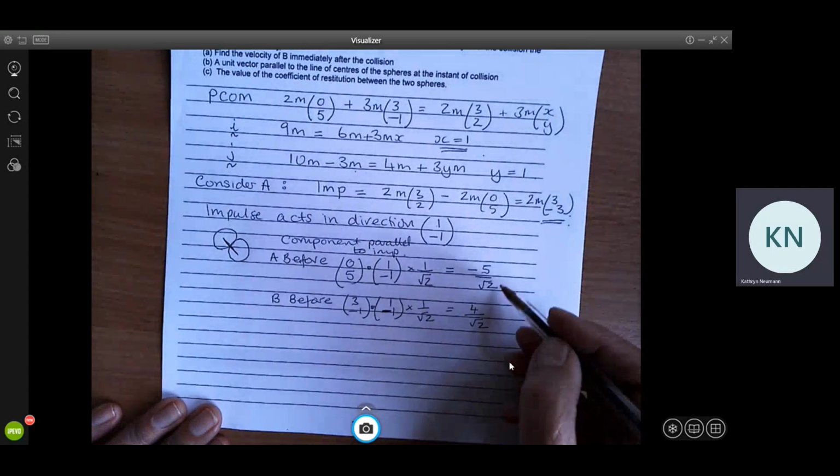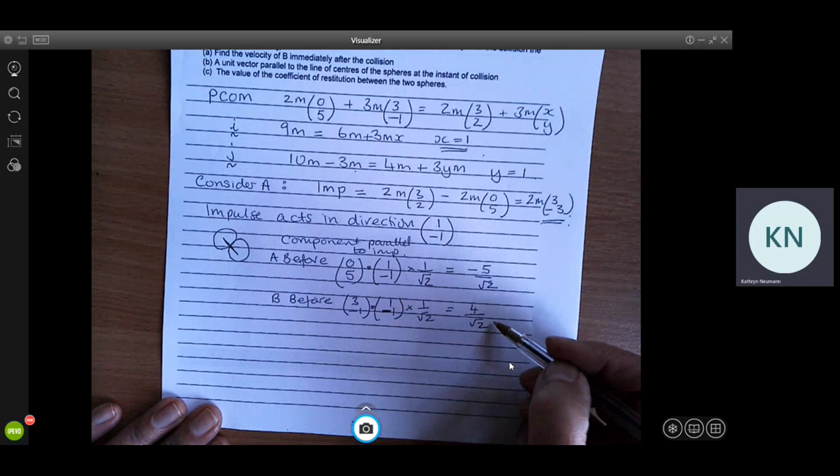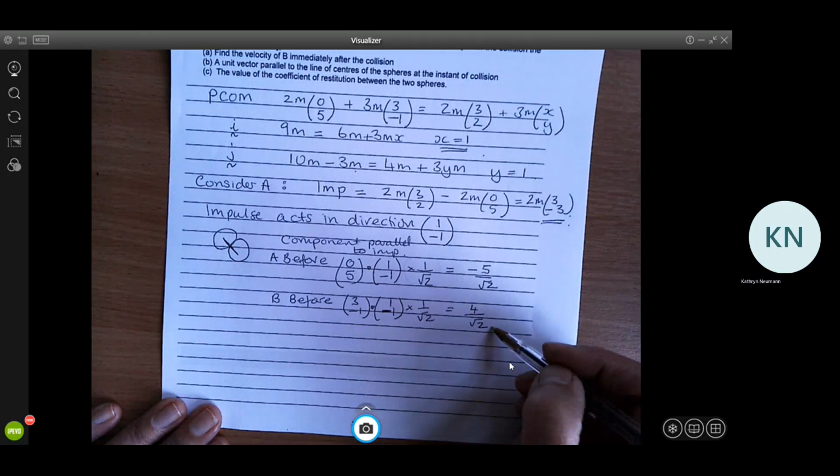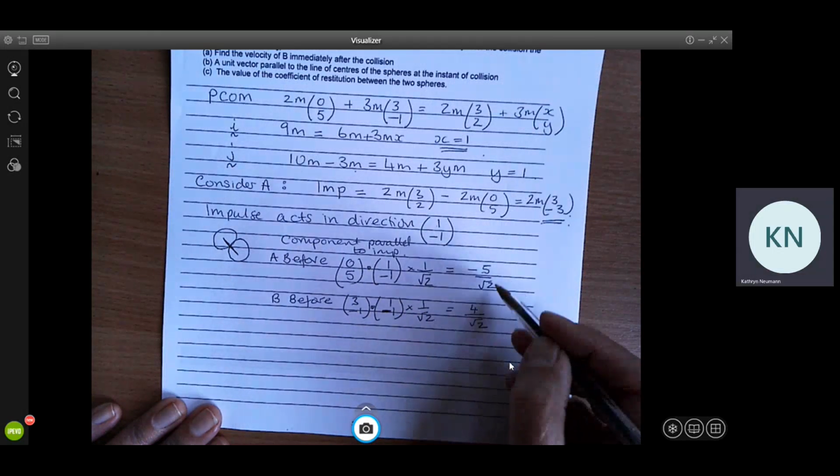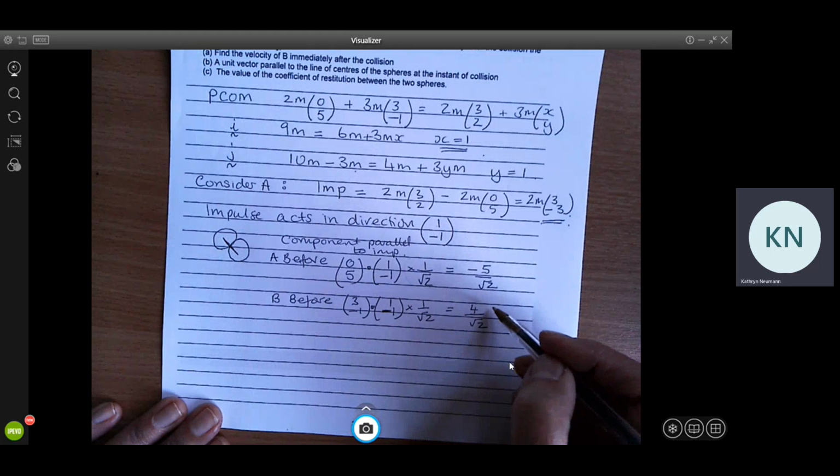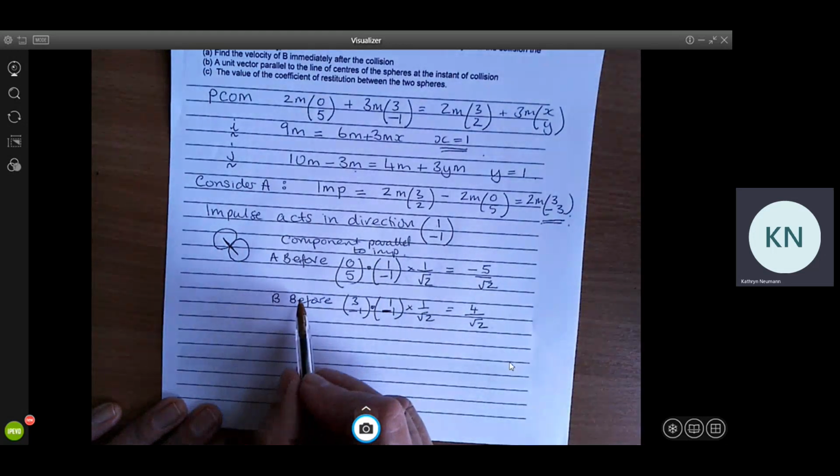The reason we're doing this is we're going to use in a moment e is separation over approach. And this is the approach velocity, these two terms added together, because we've now got them in the direction of the impulse. So we need to find A before and B before.